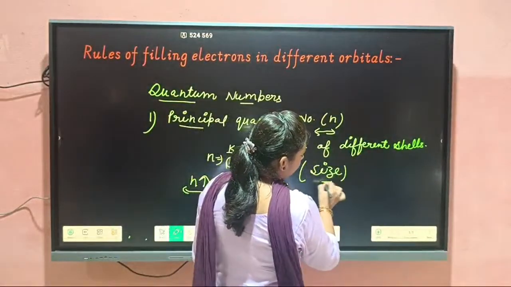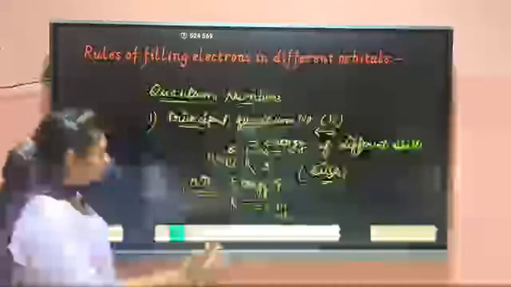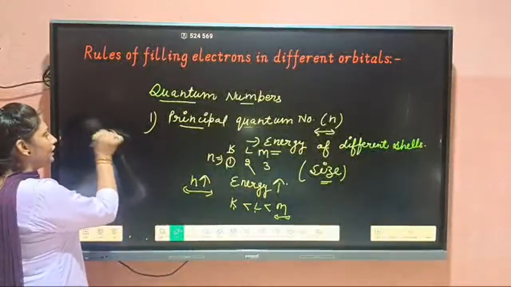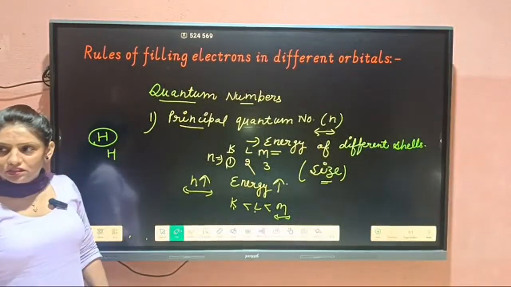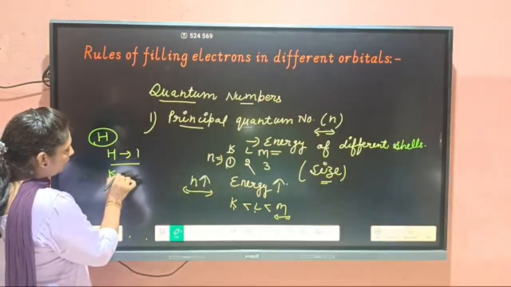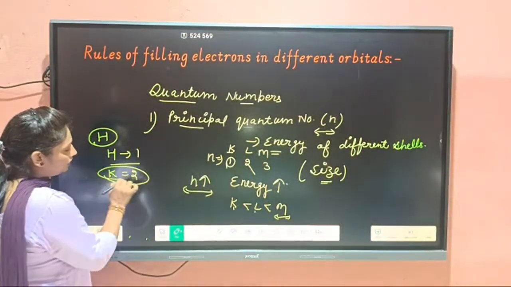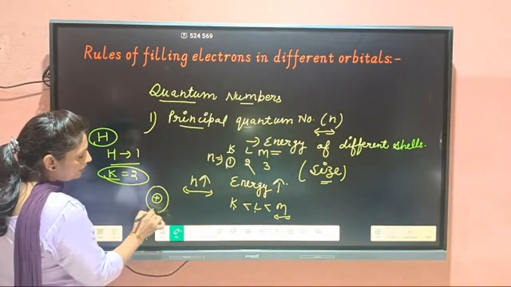size of the atom. For example, if we take hydrogen, what is the atomic number of hydrogen? 1. So we can fill maximum 2 electrons in K shell. Here only 1 electron is present.